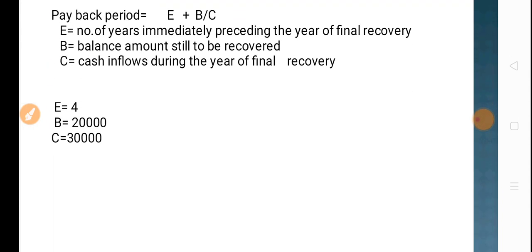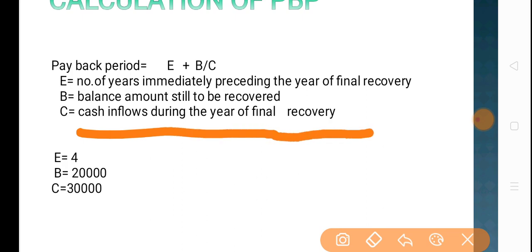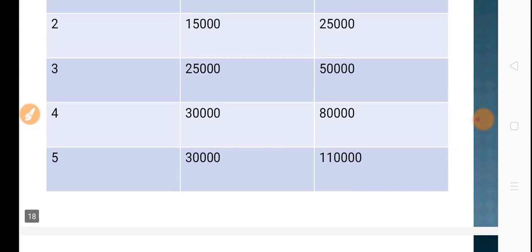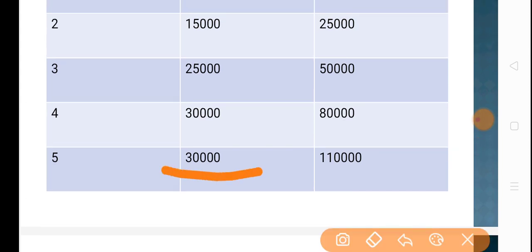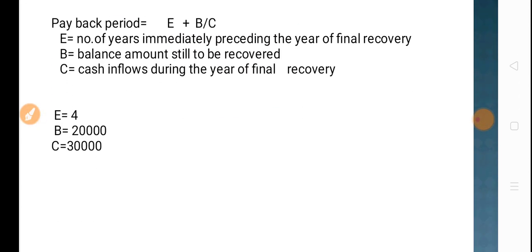So here you can see we will get 20,000. Okay, then C. You can see here the cash inflows during the year of final recovery. Here you can see the inflows of the final recovery. That will be 30,000. So we can apply it into the equation.